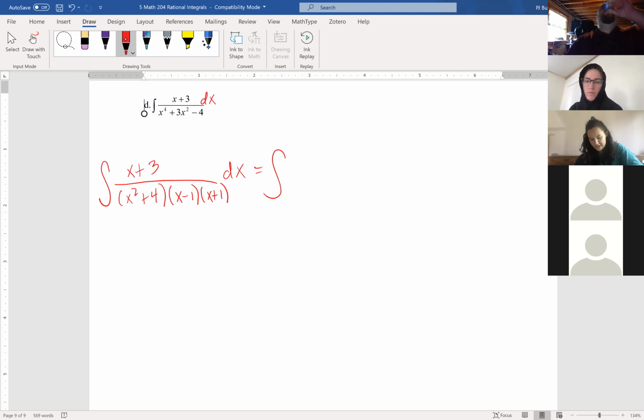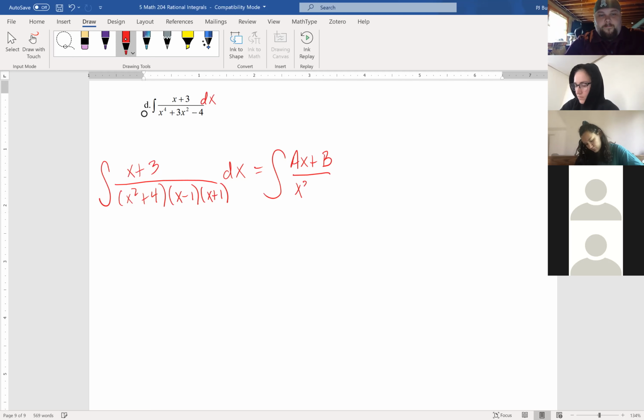It is a quadratic term because it's x squared plus something else, or it could be minus. And it's also distinct because it's to the first power outside of the parentheses. So that means we need an ax plus b over top of that term. That's the correct format for a quadratic term.